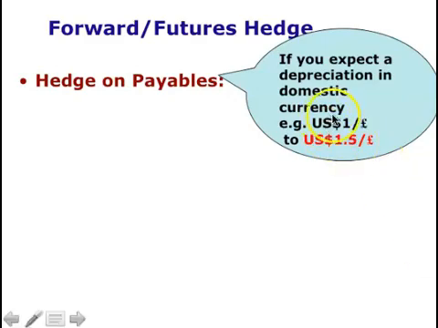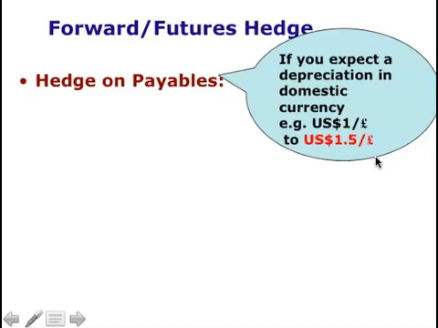So your domestic currency here is the dollar, and it depreciates. So what happens in your payment? You need more domestic currency, you need more dollars, to pay for the same units of goods and services, correct?